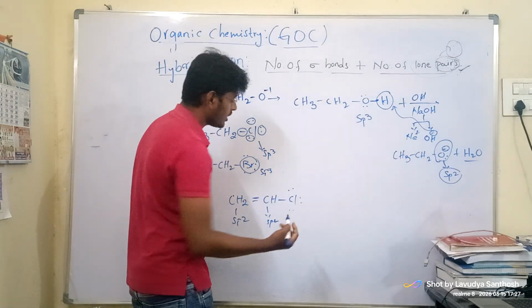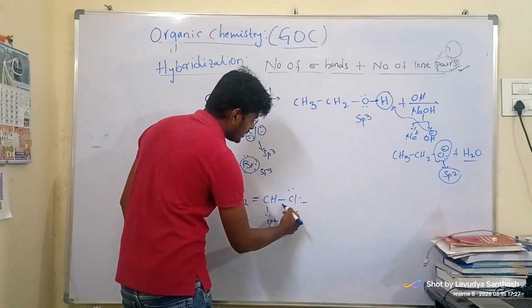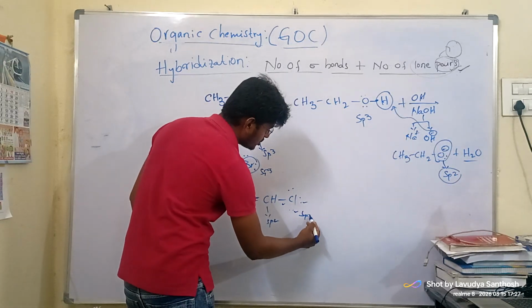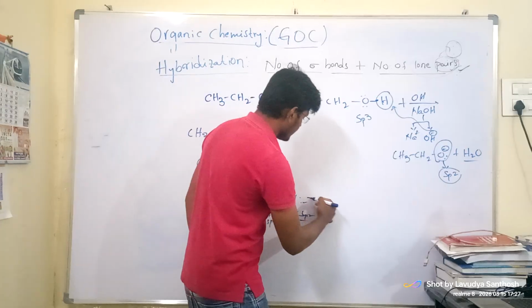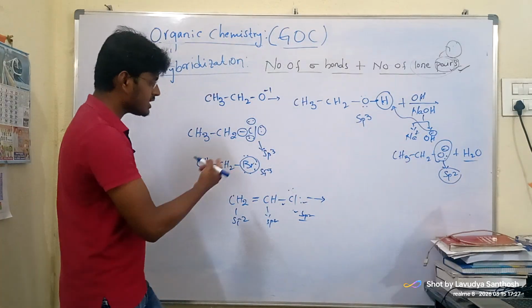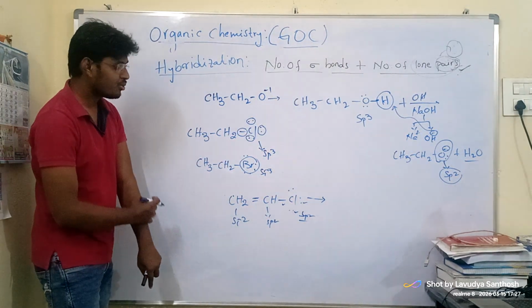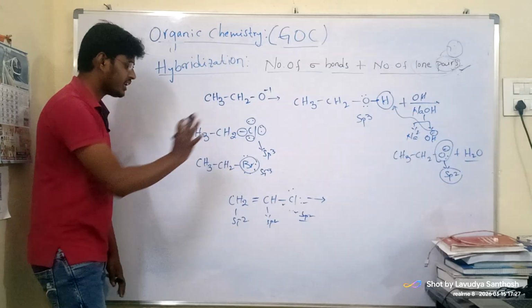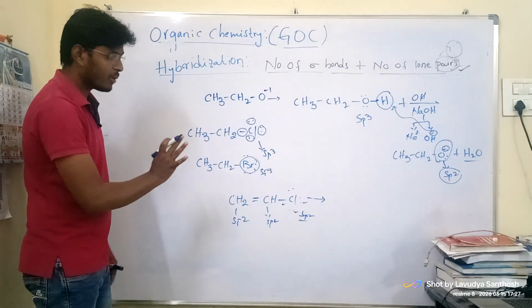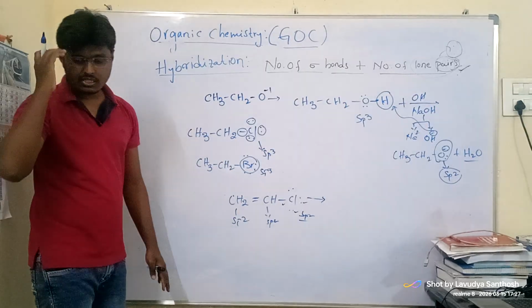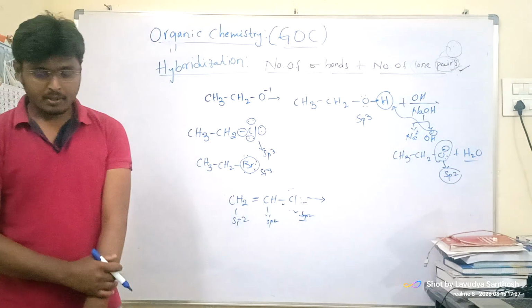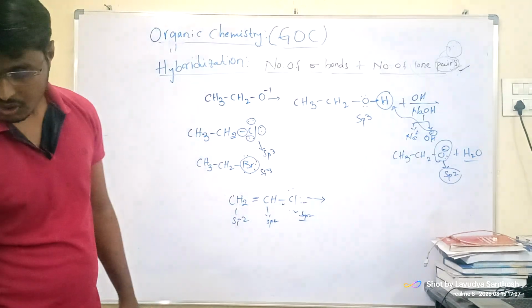So 1, 2, 3, nothing but sp2. We are not discussing resonance in that much depth at this level, but as we go forward we will discuss it very nicely.